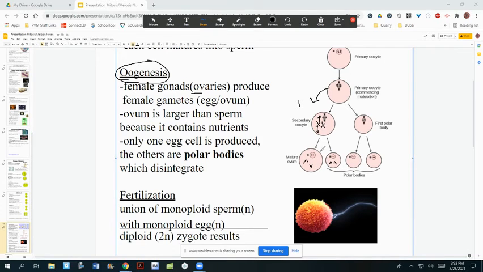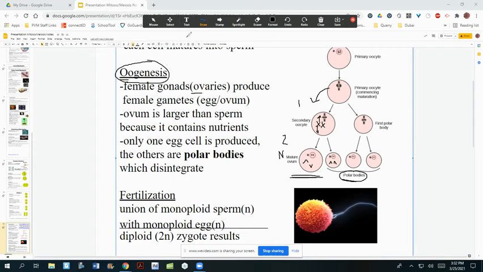And after the second division, you're going to have 4 1N cells, but only 1 mature ovum, or egg. The other 3 are going to become polar bodies. These are going to be relevant and important in hormone production to help the female's body produce estrogen and progesterone to manage pregnancy.